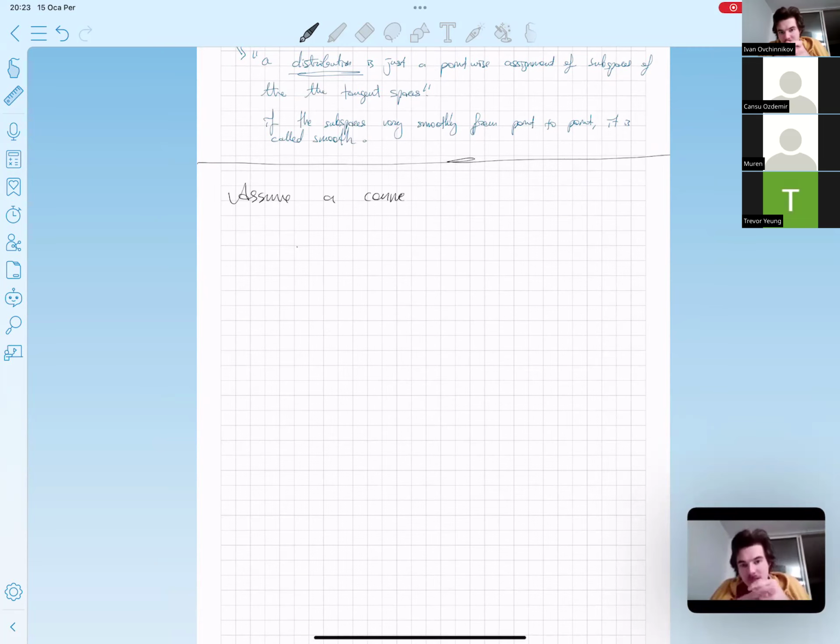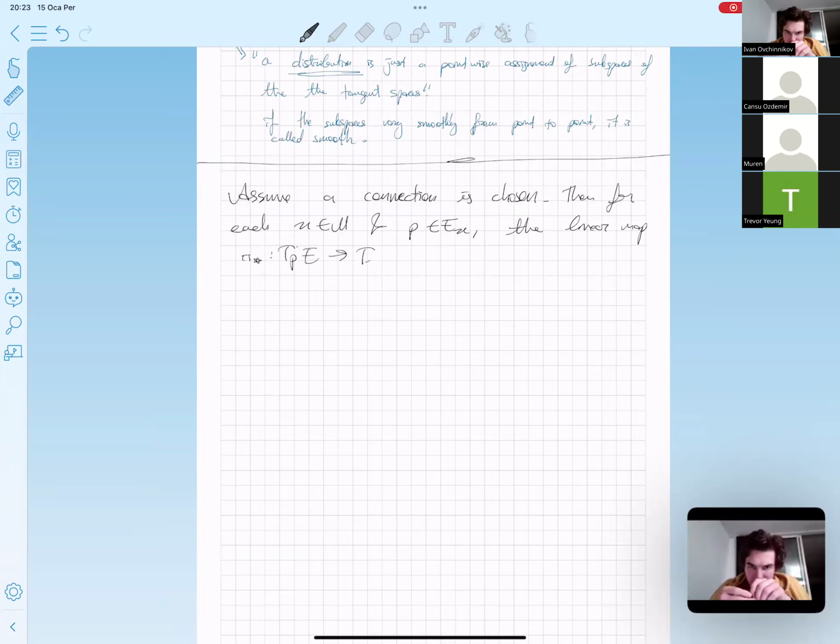Okay, so assume a connection is chosen. Then for each x in M and P in E_x, the linear map restricts to an isomorphism, and its inverse is called the horizontal lift.